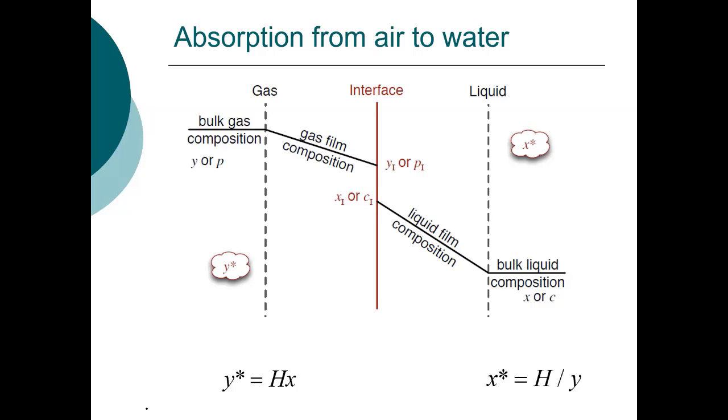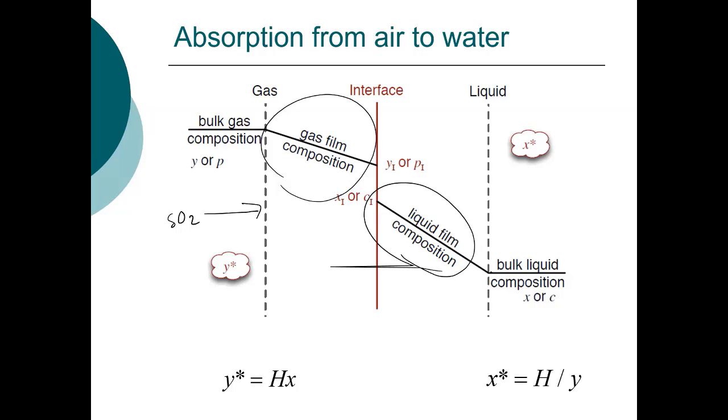So let's think of this in terms of SO2 in the gas phase. We have SO2 in the gas phase. We have diffusion in the bulk phase, then through the gas film, across the interface, through the liquid film, and then out into the bulk solution.